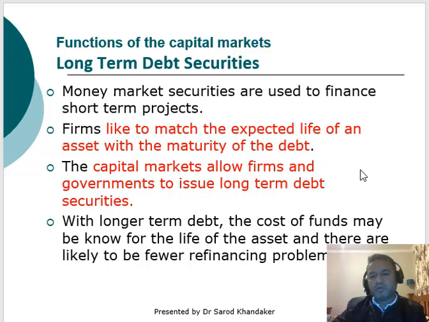This is the matching principle, which suggests that long-term assets should be funded with long-term liabilities. The capital market allows firms and the government to issue long-term securities, and with long-term debt, the cost of funds may be known for the life of the asset, and there are likely to be fewer refinancing problems, because in the money market there could be a refinancing problem in the future.